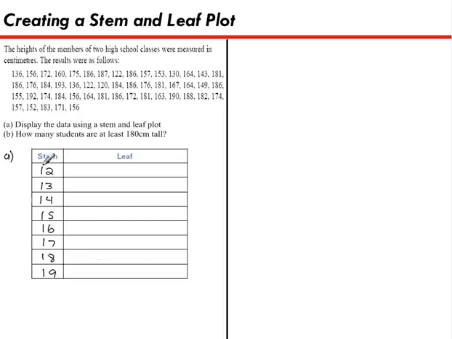Okay, now back at the top. The first stem is all of the numbers that start with a 1 and a 2. Well, let's look for numbers that start with a 1 and a 2. I go through the list and I see 122. This last number, the 2, is my leaf. Let's continue. Let's look for another 120. Down to the second row, I see another 122.